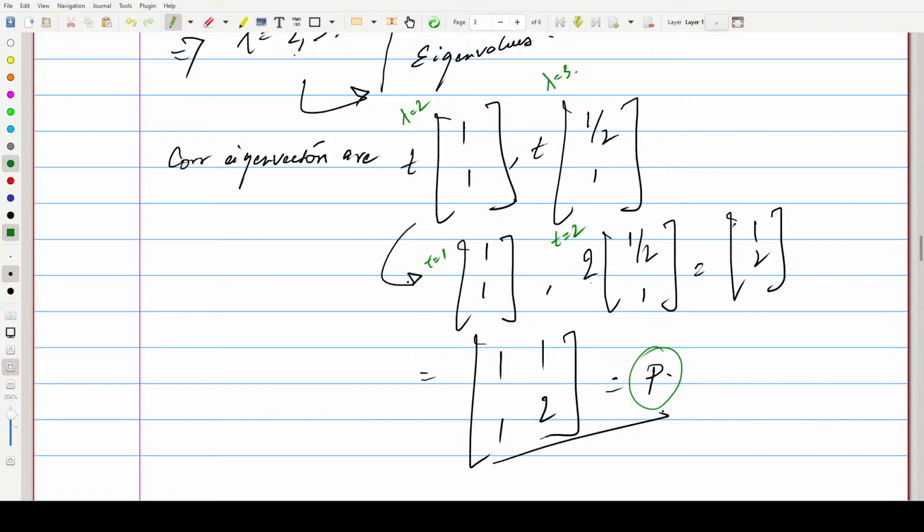Essentially what we're doing here is constructing our matrix P, and remember that P must be square, and P inverse must exist, right? How are we going to go about this?